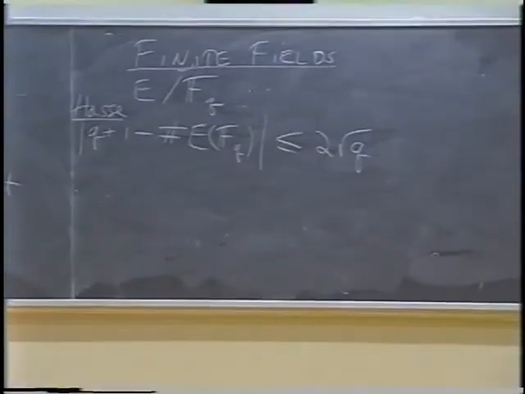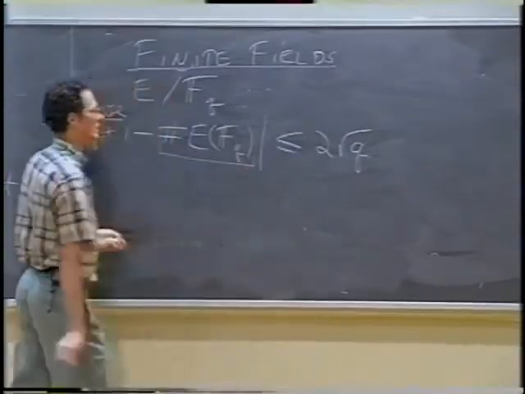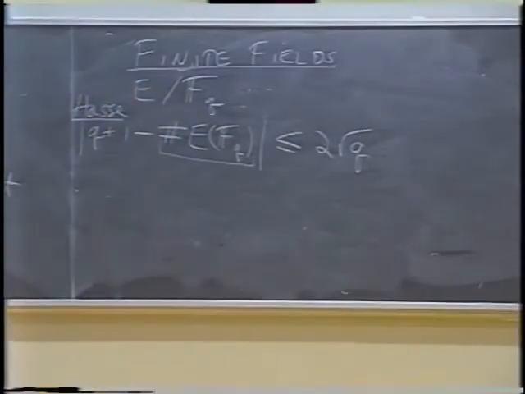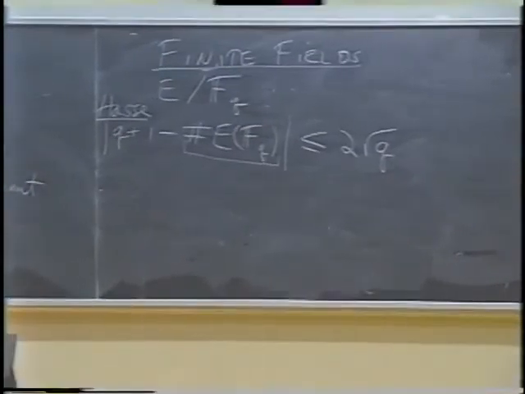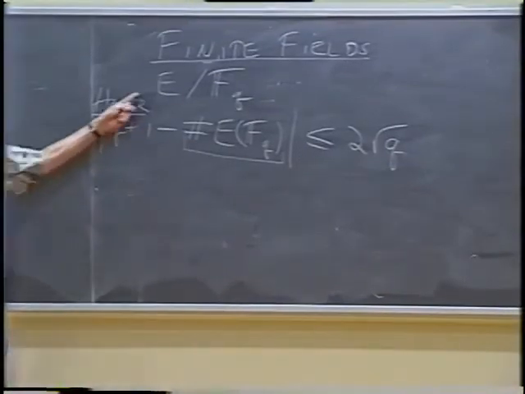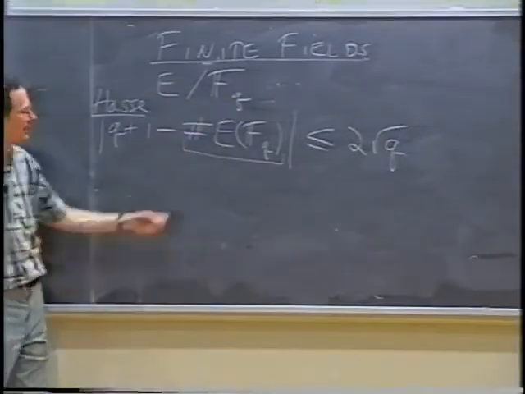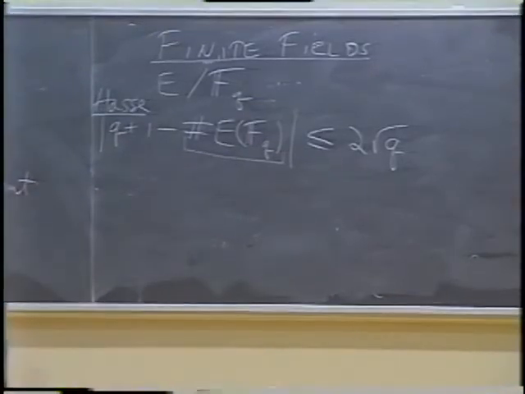These numbers turn out to be quite important, because what we'll do is we'll take an elliptic curve over a number field, reduce it mod p for various primes, so you get an elliptic curve over finite fields, and then you can examine these numbers as you take different reductions.